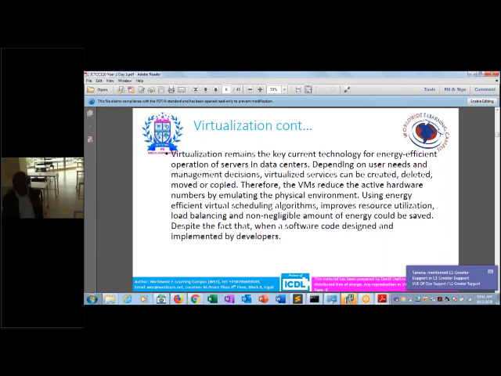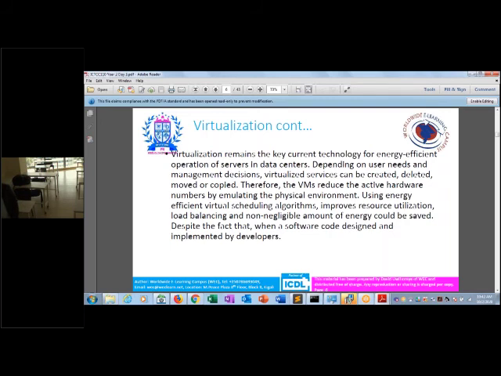Therefore, virtual machines reduce the number of active physical hardware by emulating the physical environment, doing what physical servers could be doing, using energy efficient virtual scheduling algorithms, improving resource utilization, and load balancing, so a considerable amount of energy could be saved.